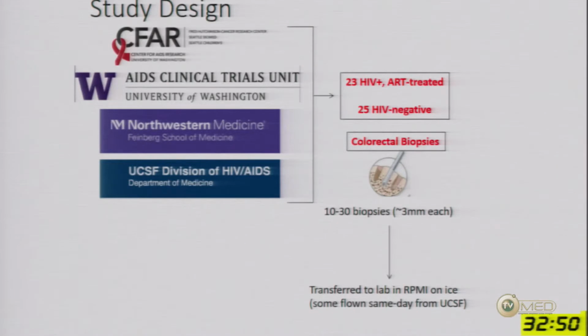We enrolled 23 HIV-infected, ART-treated, so these were all treated people, and 25 HIV-negative people, and these were age-matched. And we took colorectal biopsies and blood, and then we got same-day flying in or same-day processing of these samples so we could look at the neutrophils in the GI tract.